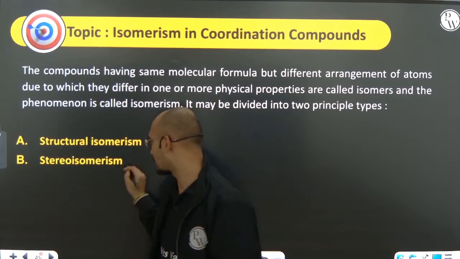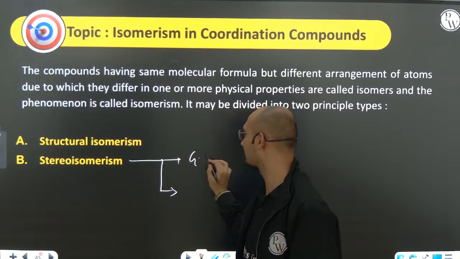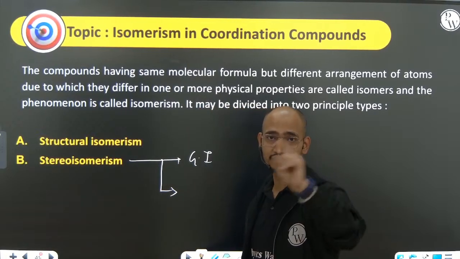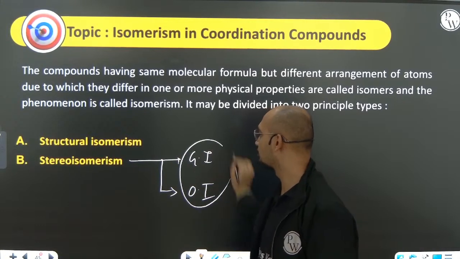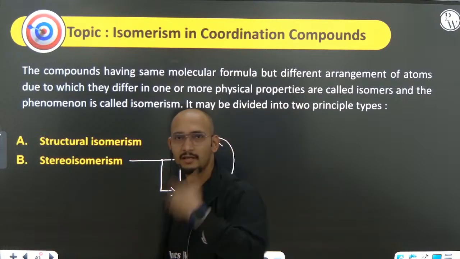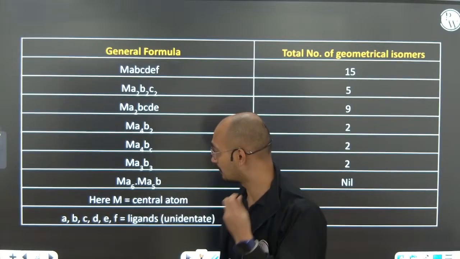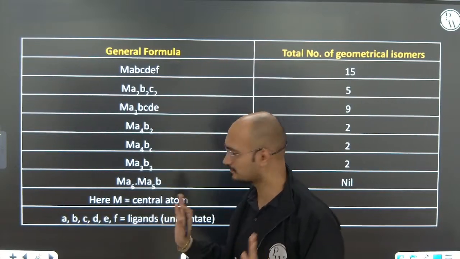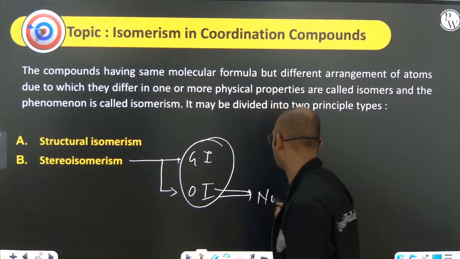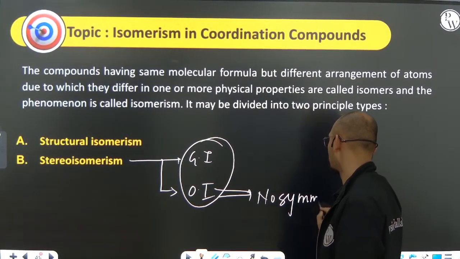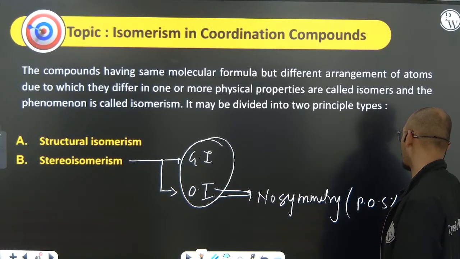Next, directly coming to stereoisomerism. There are two types: one is geometrical isomerism, the same thing you study in organic compounds, and the other is optical isomerism. It is due to the three-dimensional arrangement that OI and GI come. What is needed for OI? No symmetry should be available. Basically, a plane of symmetry should not be available.